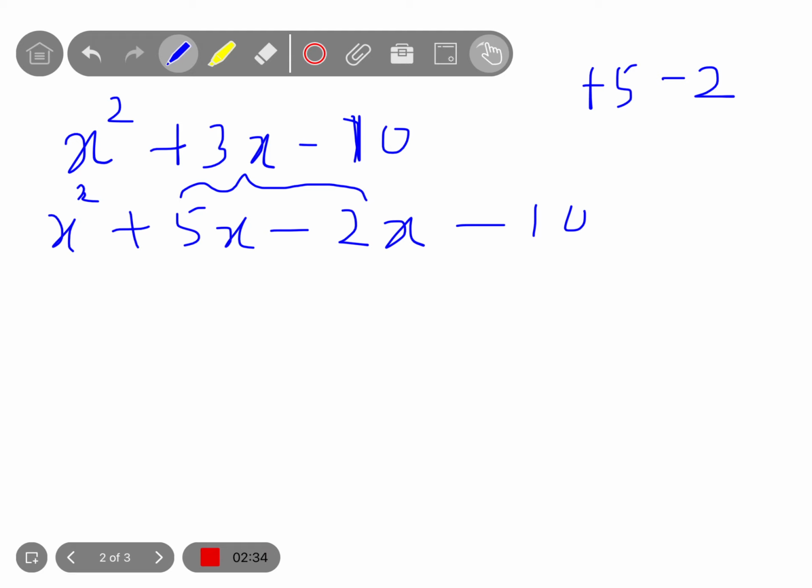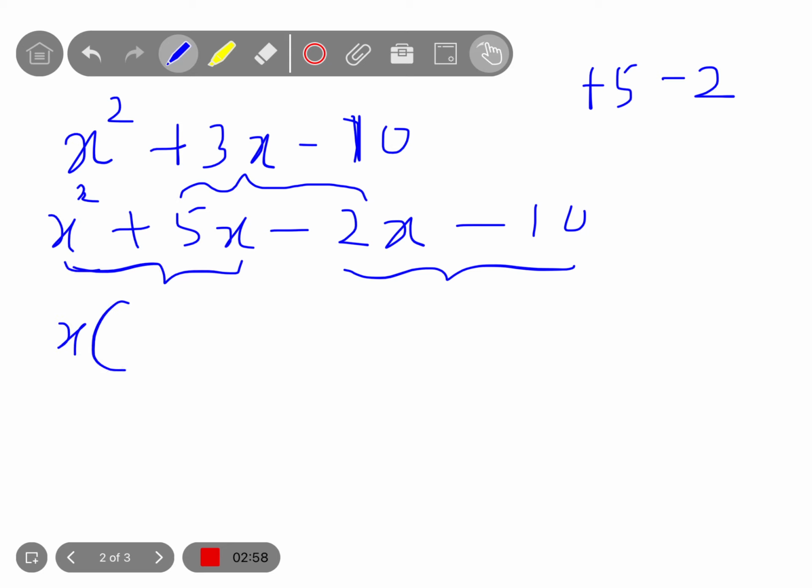Why did I choose 5x minus 2x instead of 6x minus 3x, because 6x minus 3x is also 3x? Because if I take the 2 out, there is a 5 remaining there, that's how the factors work. For these two, we can take the x out.